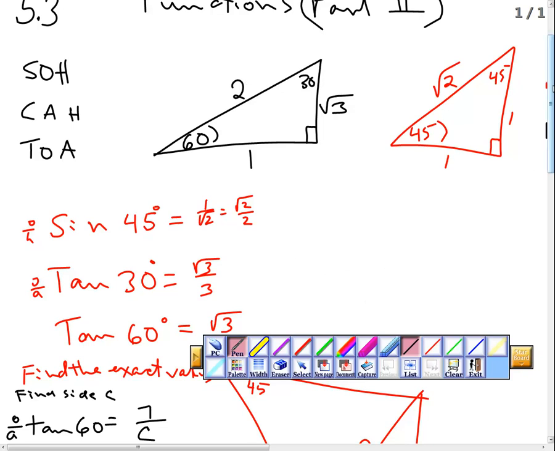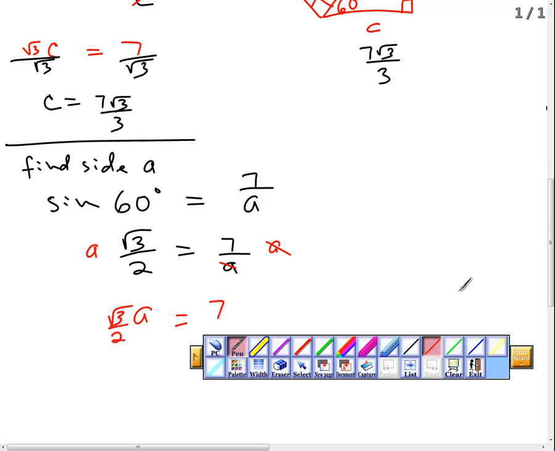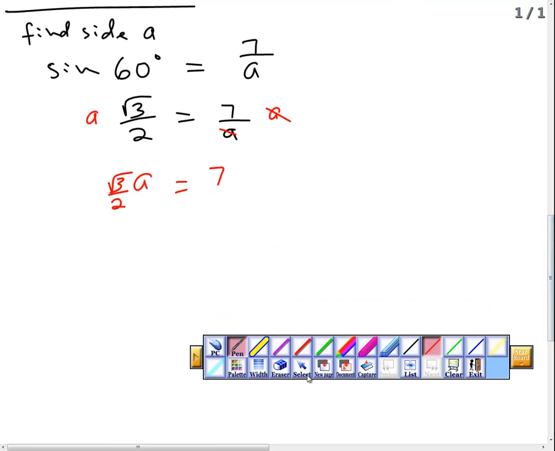All right, so this would be the square root of 3 over 2 equals 7 over A. So if we multiply A to both sides, we've got square root of 3 over 2 times A equals 7. Well, if we multiply 2 to both sides, and divide by the square root of 3, or we just apply the reciprocal, we get A equals 14, and then what follows after that?